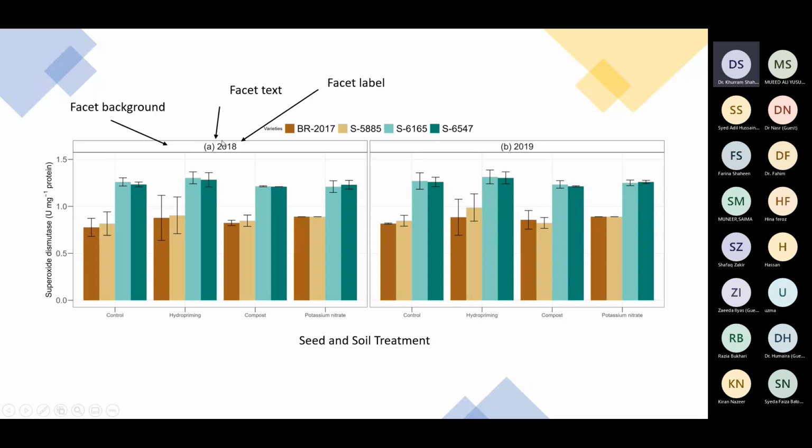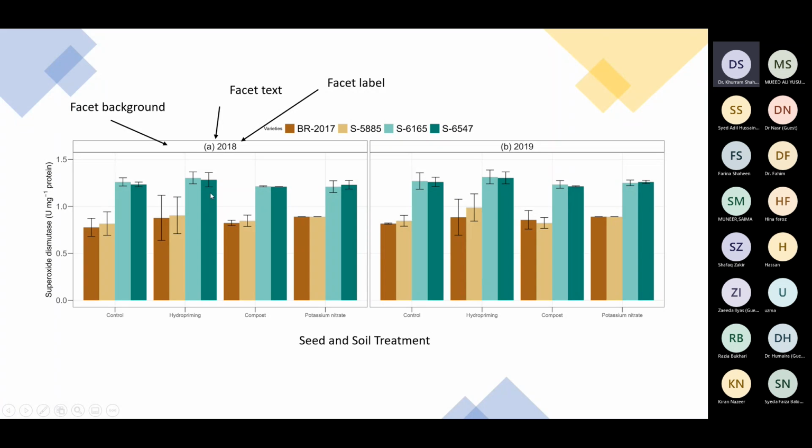For facet text, what should be the size of that? It is 2018. And then we have facet labels, and then the background of the strip. Basically, this strip is showing 2018. We say this is the facet, so the background text and labels we all have to adjust in our software.